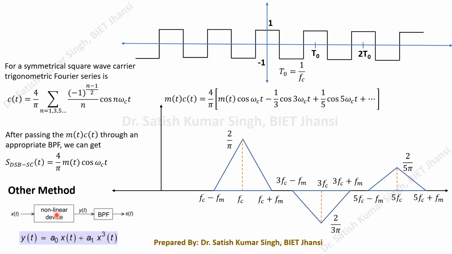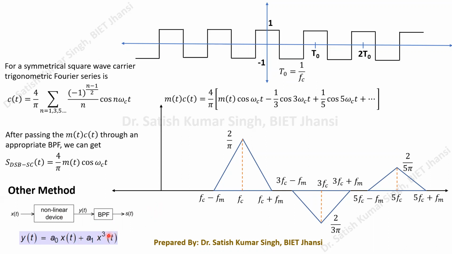And because of this characteristics, as I have already explained in the case of the envelope detector, if you remember that discussion, you will again find a certain nonlinear device with certain characteristics, and if you substitute the value of xt, then you can calculate the yt. It is followed by a certain band pass filter. Then we can eliminate the unwanted portion of the signals, and only retain the desired signals, which is going to give you a DSB-SC signal.